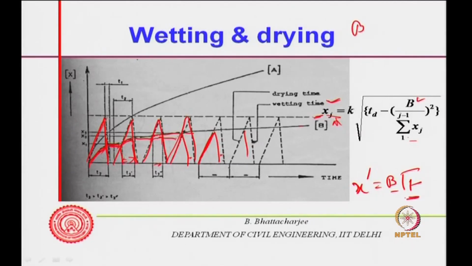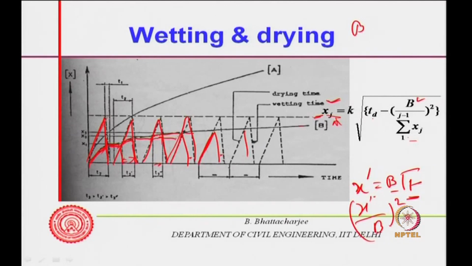So, we want to find out the T. T would be x dash by B, squared. So, the square of this gives me the time.